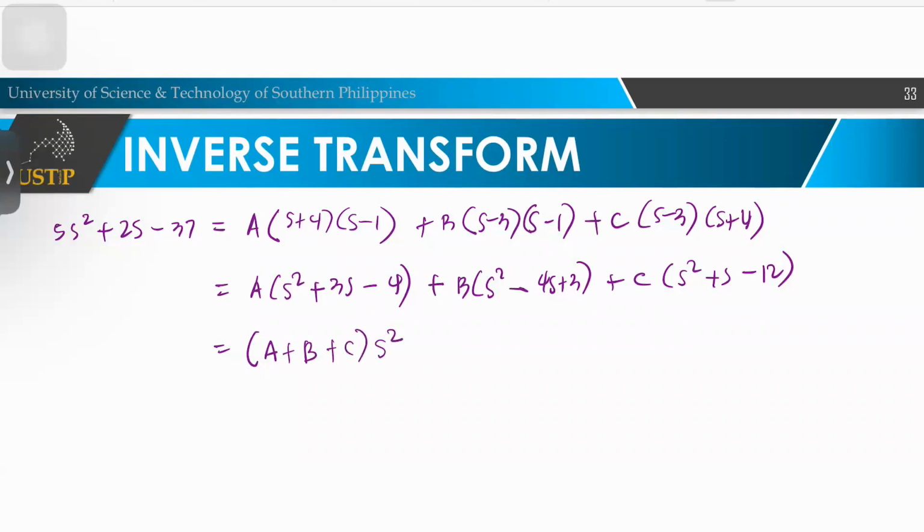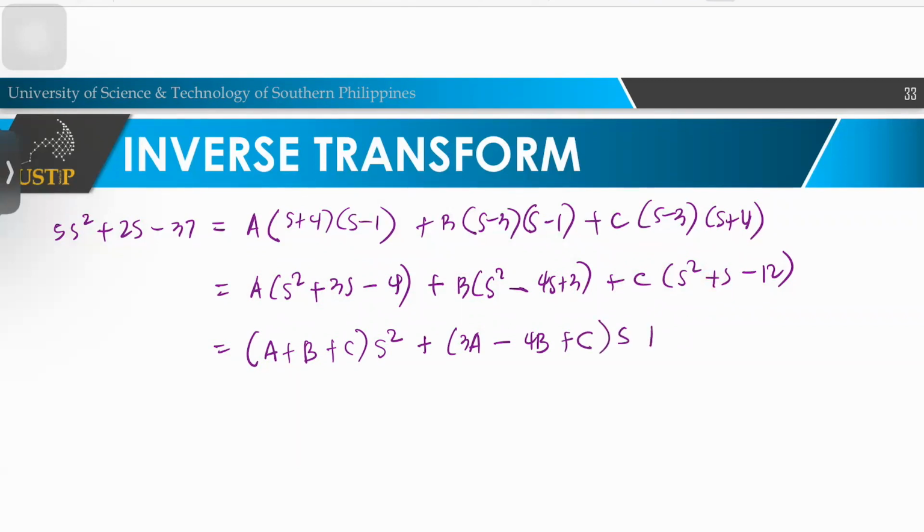The s terms would be A times 3, so that is 3A, minus 4B because of this negative 4, and then C with the 1, so that is just plus C, times s.